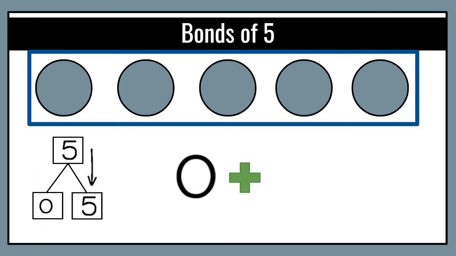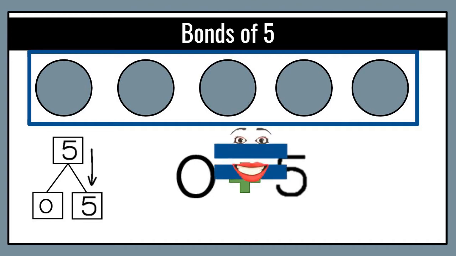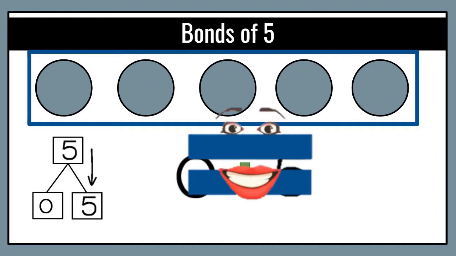What comes next? We want to see if we put 5 with our 0, if it can make bonds of 5. Let's put our 5. Well done. Now, we want the answer. We want to see if it makes a bond of 5. That's why we are going to use Mrs. Equal.